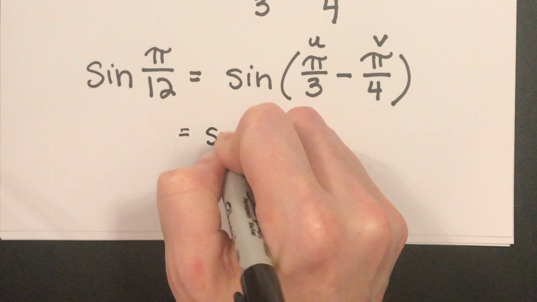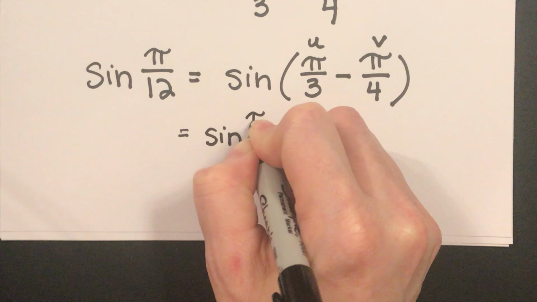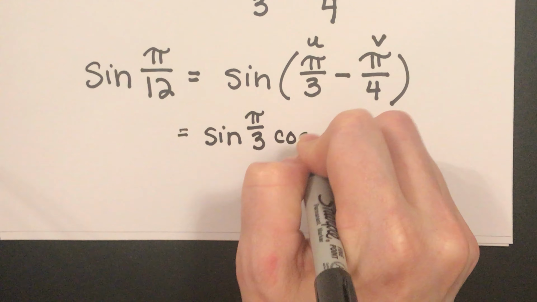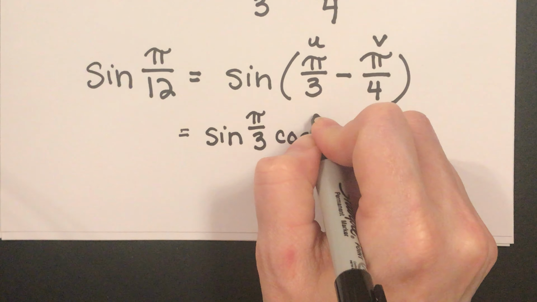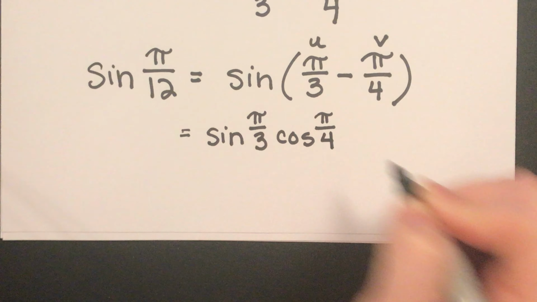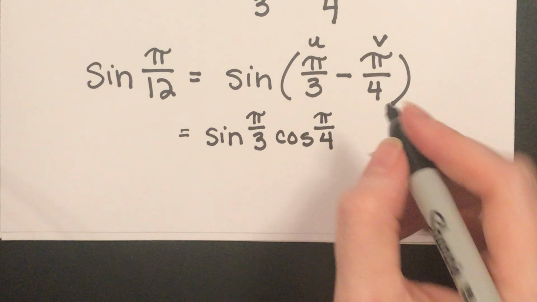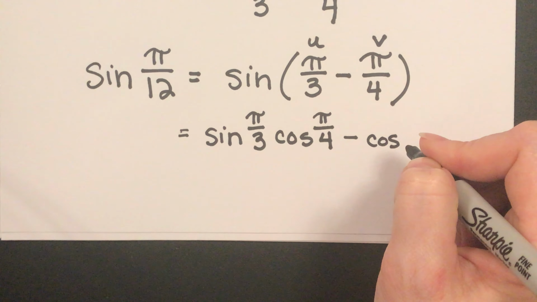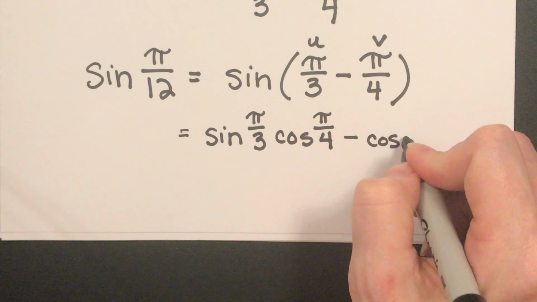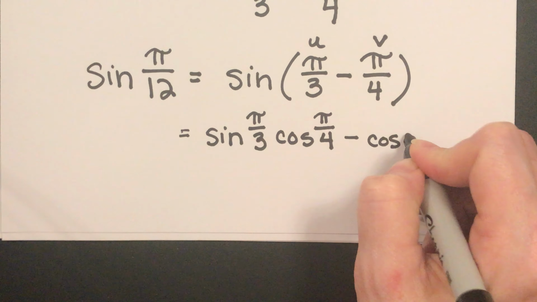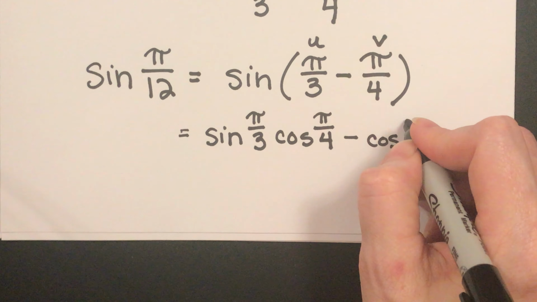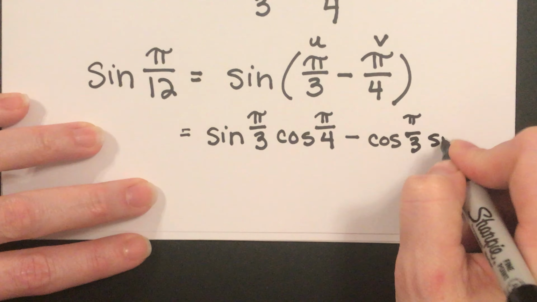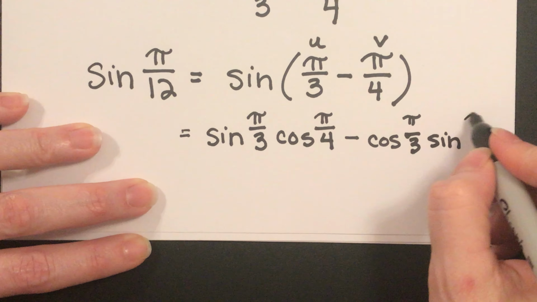the sine of u times the cosine of v minus the cosine of u again, pi over 3, times the sine of v.